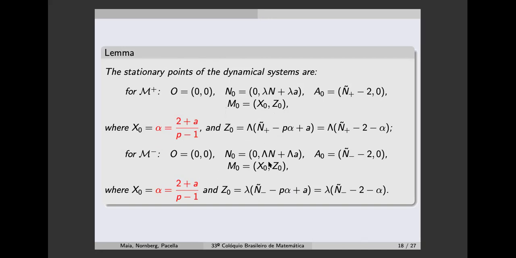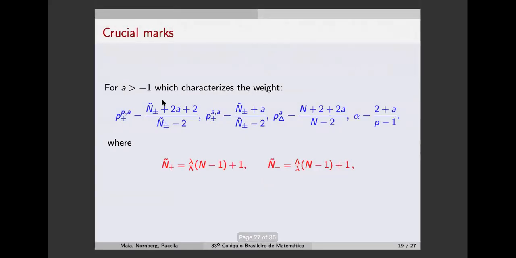On M minus, you do the same study, find the lines, cross the lines, and obtain the stationary points. Crucial marks which appear when we do all these calculations are some p's and the alpha that we saw before defining M0.